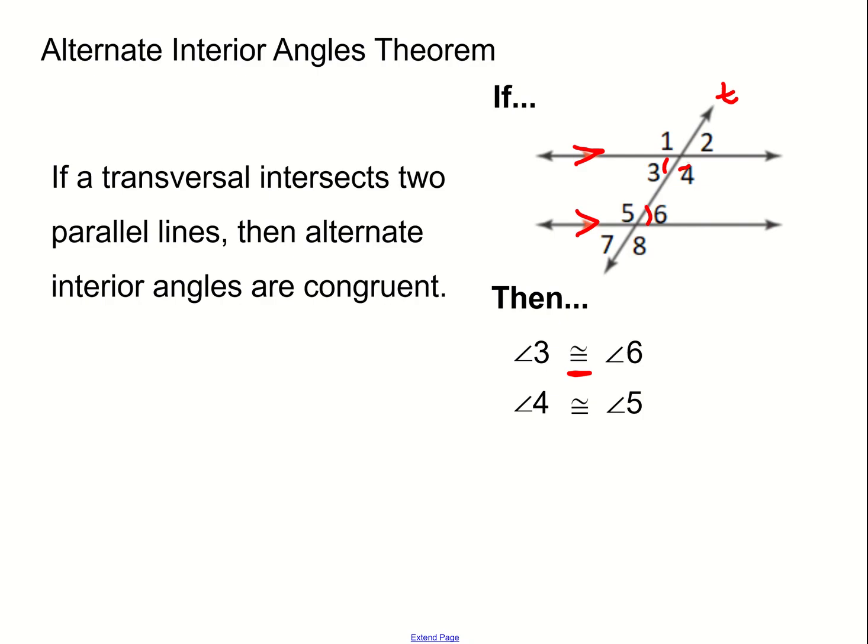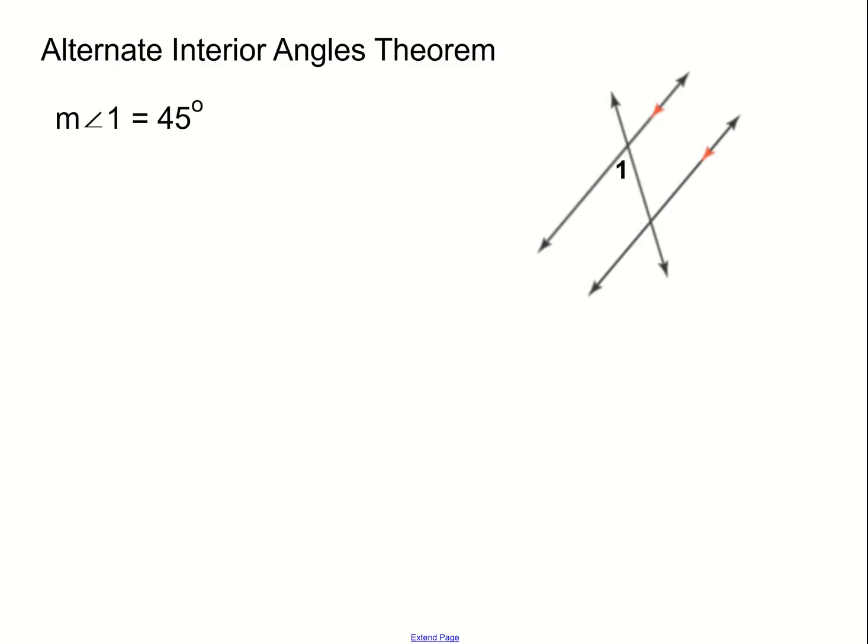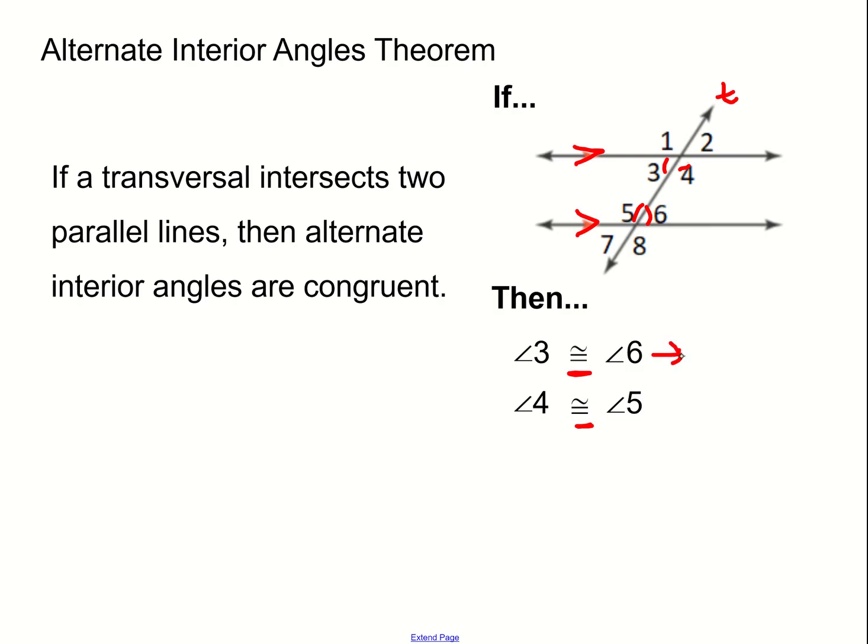And then angle 4 and angle 5 are alternate interior, and so they're also congruent, or they have the same measure. Remember that if they're congruent, this means that they have the same measure. So this means that the measure of angle 3 is equal to the measure of angle 6. And this is by the definition of congruent angles. And we can write similarly for these two as well, for 4 and 5.